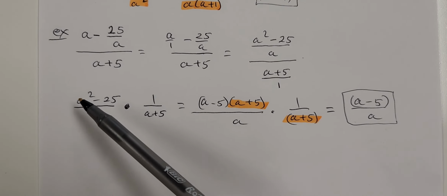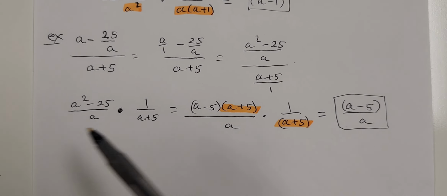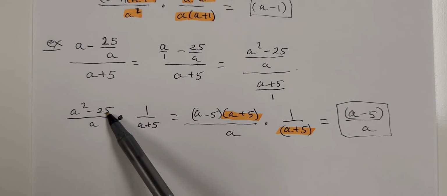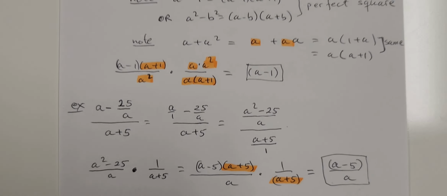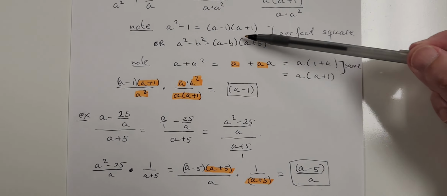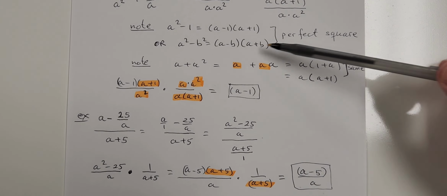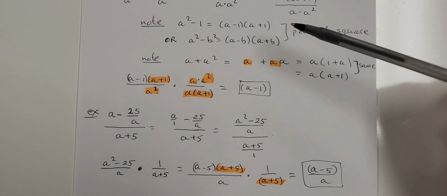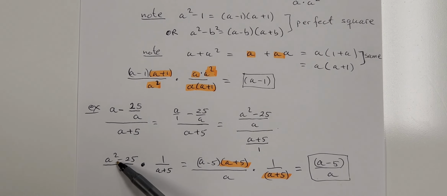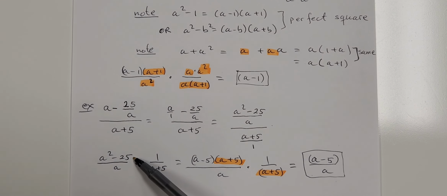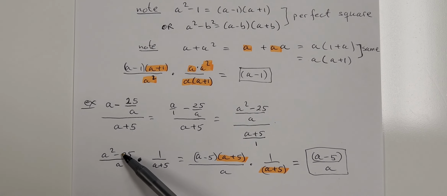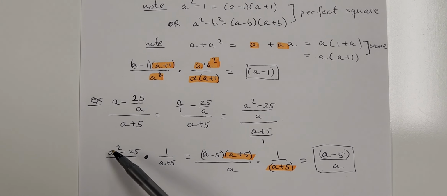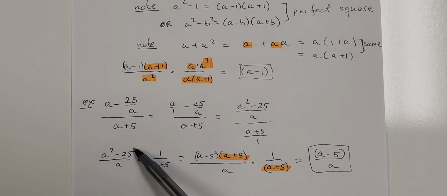After that, factor out. Now a squared minus 25 is a perfect square, just like what I have up here. Since it is a perfect square, I can write it as a minus 5, a plus 5. Because a squared is a perfect square, 25 is also a perfect square. And this is called difference of squares, because this is a square and this is also a square.